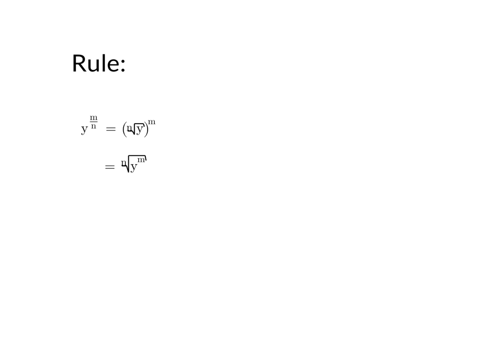So the rule that we're going to look at is when we have any base, in this case y, to the power of m over n. The part that's on the numerator, the m, is your power. And the part that's on the denominator, the n, is the nth root of the actual function.